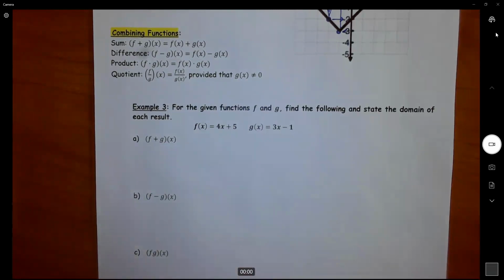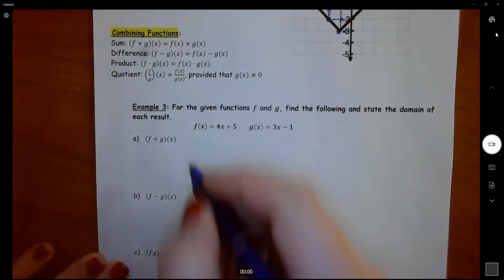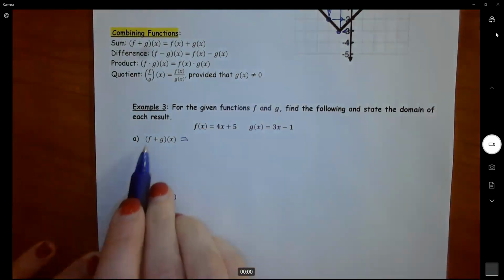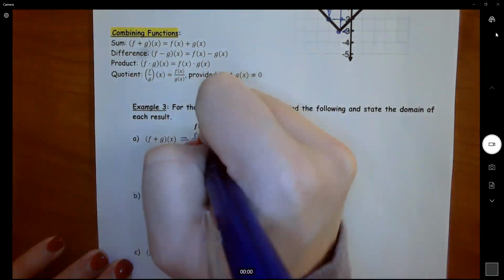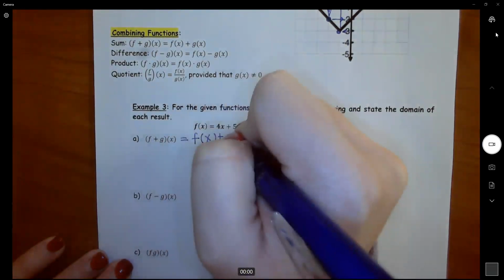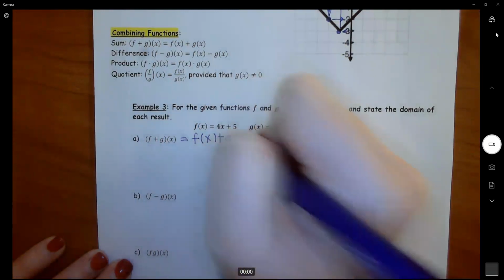So in this example, it says for the given functions f and g, find the following and state the domain of each result. So f plus g of x, this is the same as f of x plus g of x.